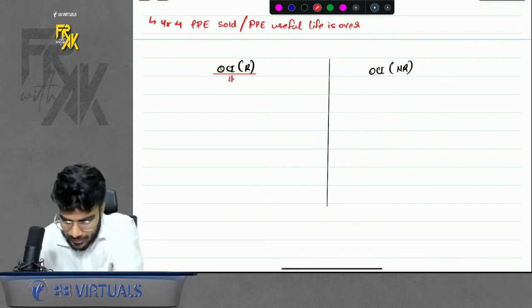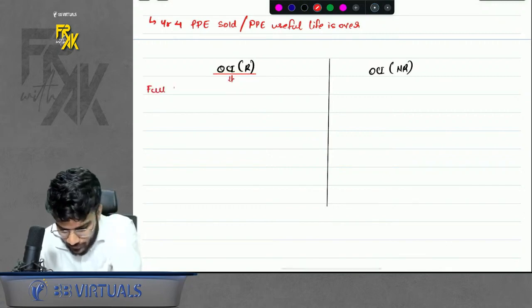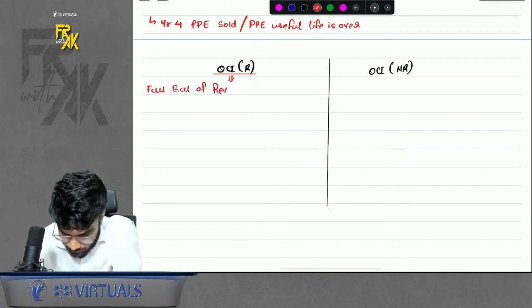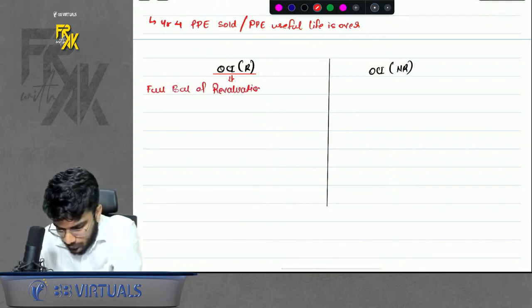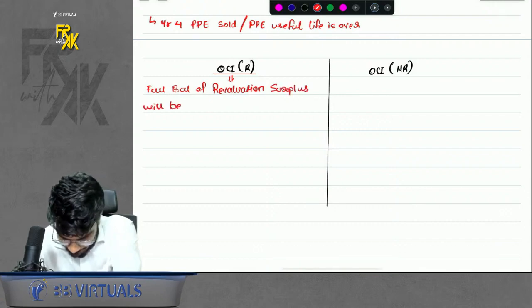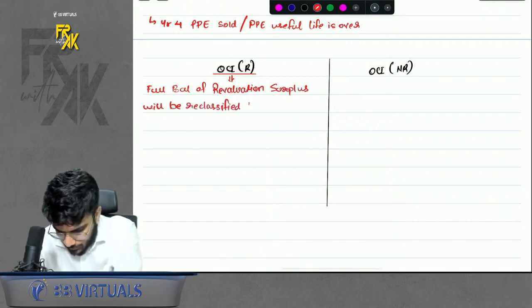I will write it down first and then we will discuss the entry. Full balance of revaluation surplus will be reclassified to P&L.